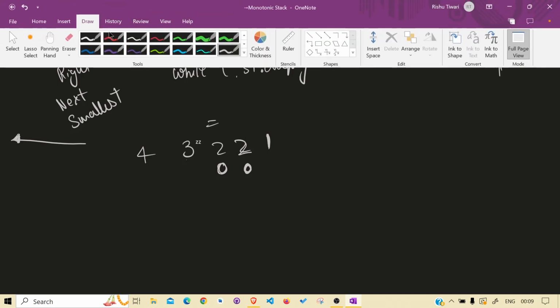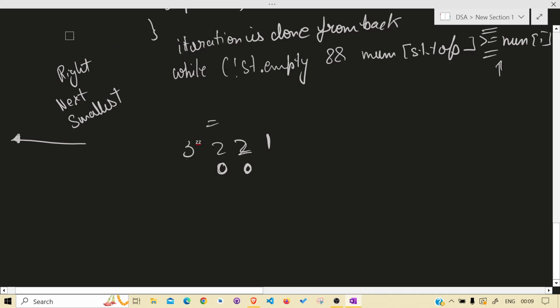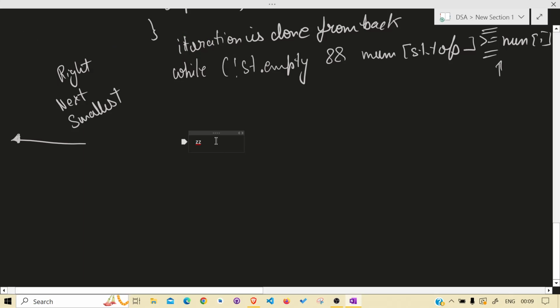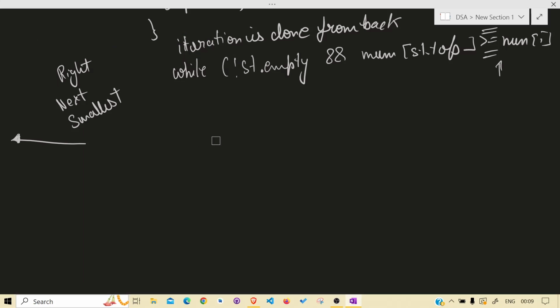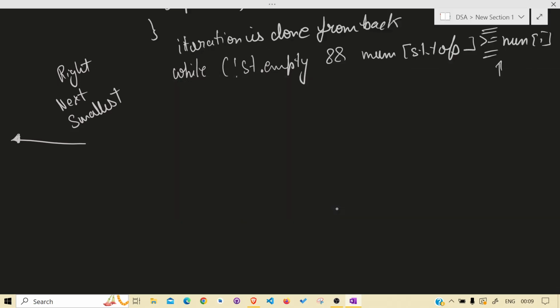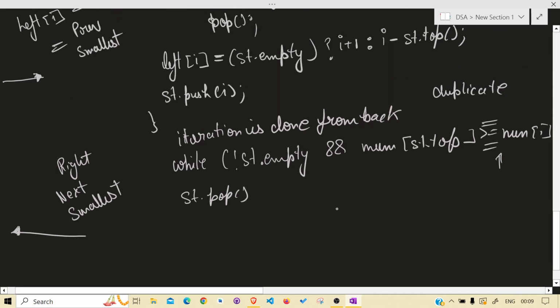Let me erase it and make room for the algo. This much is clear. Same st.pop, a little bit different over here because we are calculating from the end this time.